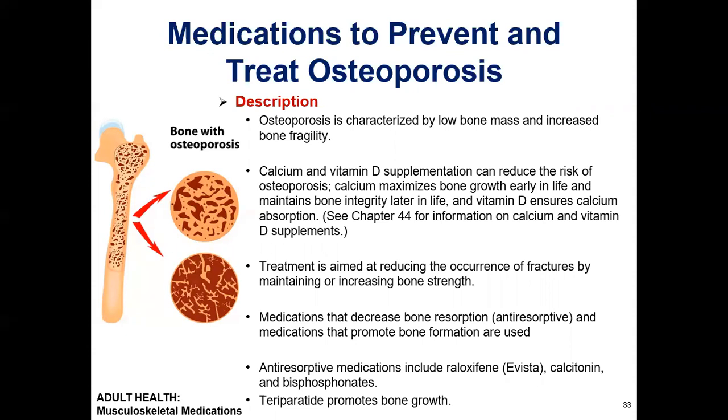Osteoporosis is most common in those who have a low BMI or more inactivity, or premature or surgical menopause. So if menopause starts early, you have a chance to develop osteoporosis.